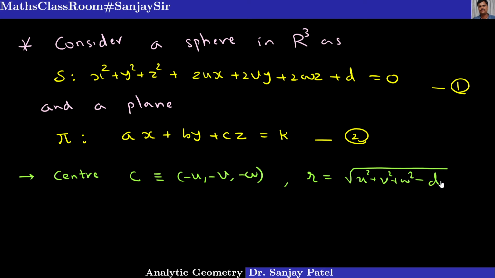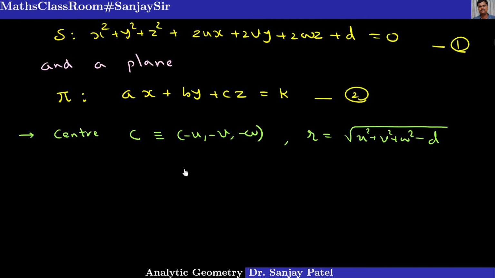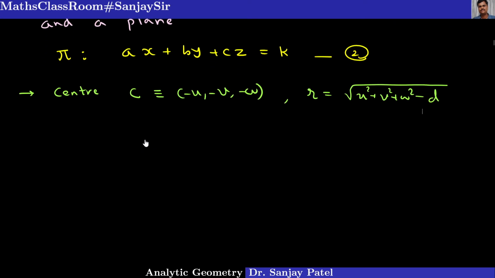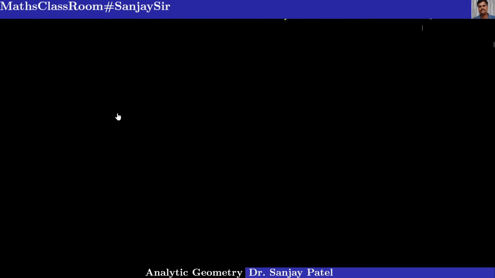Okay. Now, to understand the intersection of a sphere and a plane, we'll be dropping a perpendicular from the center onto the plane. So let me explain by the figure.